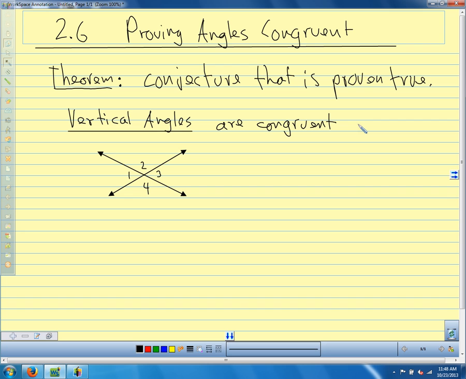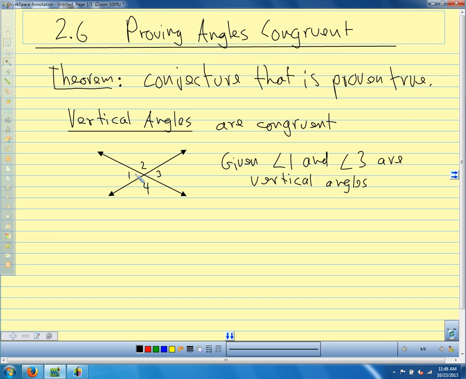So we're going to prove, we're given that angle 1 and angle 3 are vertical angles. So we'll just use those two. I could do the same proof for angle 2 and angle 4.